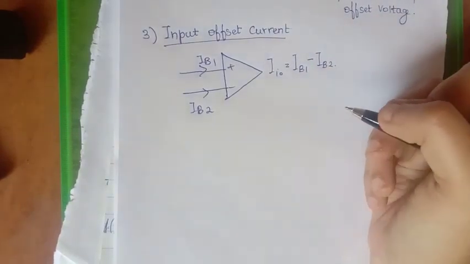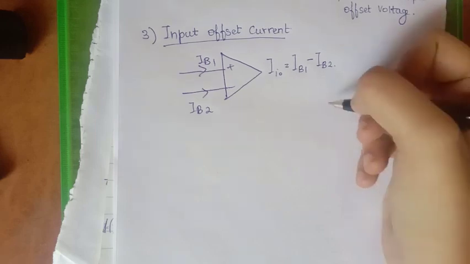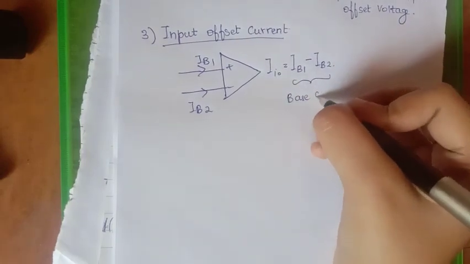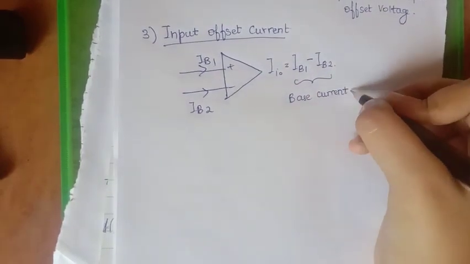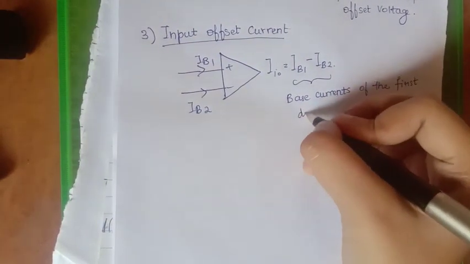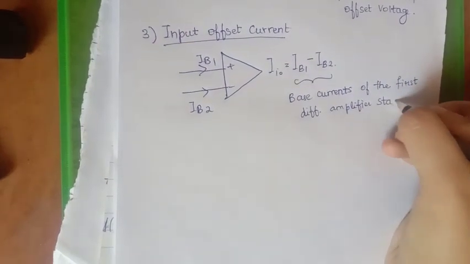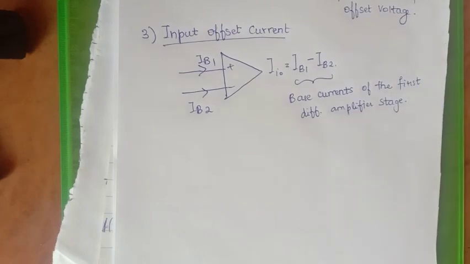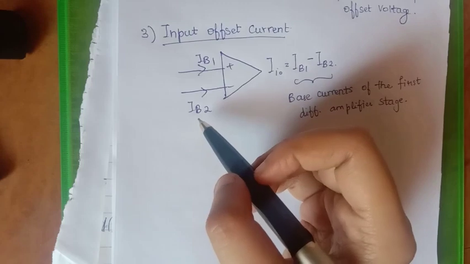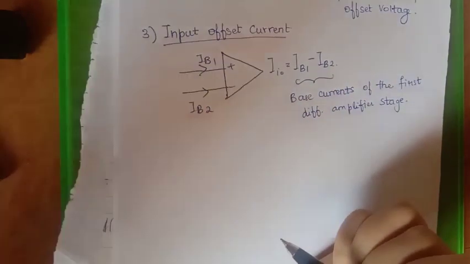The difference is given as IB1 minus IB2, that is the base currents of the first differential amplifier stage. Even if both the transistors are identical, it is not possible to have IB1 and IB2 exactly equal to each other because of the internal imbalance between the two inputs. So they will be different, and that difference is termed as the input offset current.